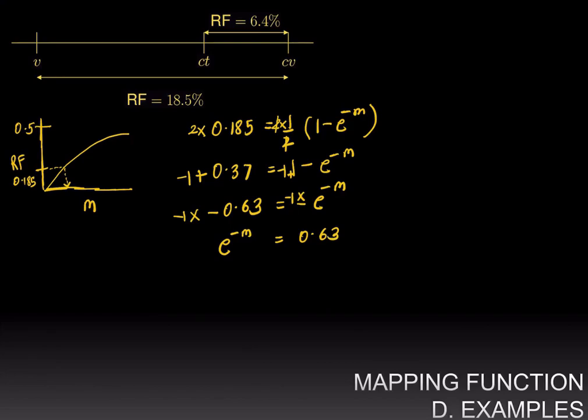And if we take log of both sides, we get negative m is equal to, and you would need a calculator to check this value, the log of 0.63 is negative 0.46, and we can multiply both sides by negative 1 to get m is equal to 0.46.